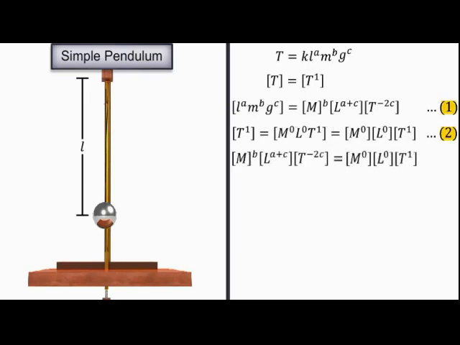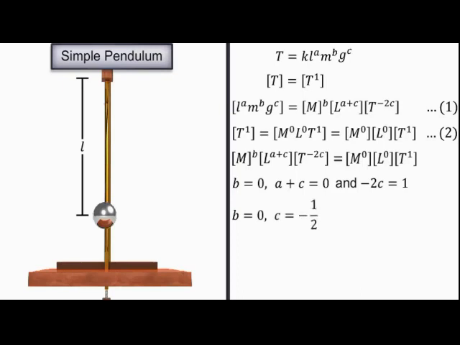Thus, we get B equal to 0, A plus C equal to 0, and minus 2C equal to 1. On simplification, we get the values of B equal to 0, C equal to minus half, and A equal to plus half.